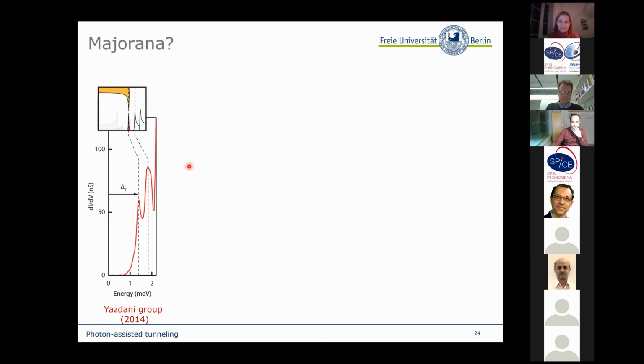And so to really be sure that this is a zero energy state, you need to subtract two large numbers from one another, the voltage at which you're measuring your resonance and the tip gap. And if you subtract two large numbers to get a small number, it's prone to errors. And it would be nice to see this subgap energy directly as a line splitting in your experiments.